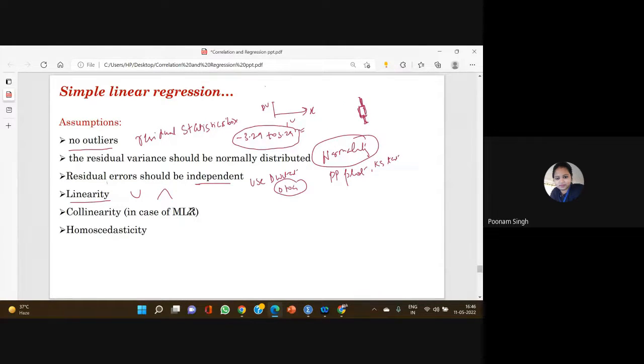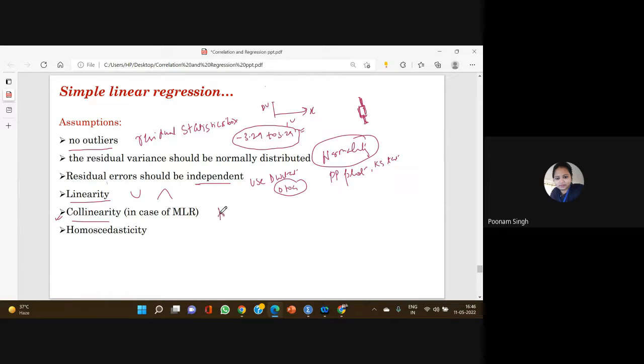Collinearity in case of MLR, multiple linear regression. Collinearity, simple linear regression के case में you need not to check, but in multiple linear regression you need to check for the collinearity also. Collinearity means, because in multiple linear regression there are multiple predictors that we will use. So for that we need to check for the collinearity. To check the collinearity, we need to look into the boxes for collinearity statistic.